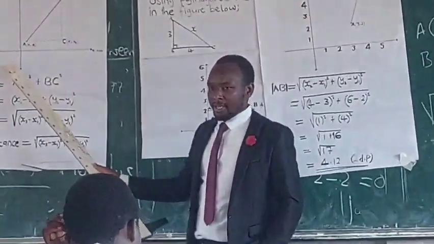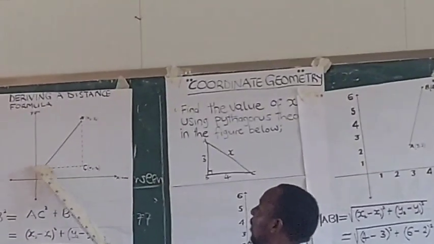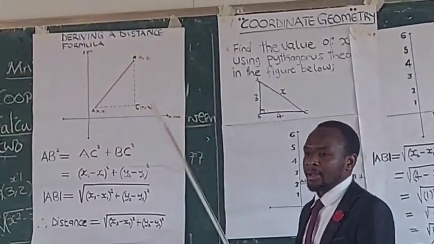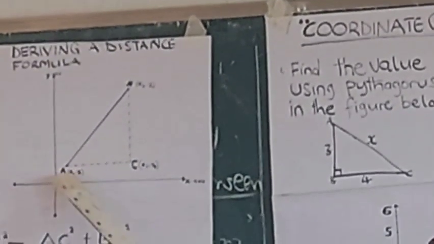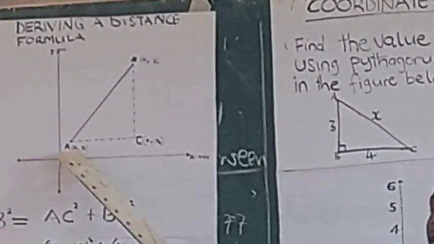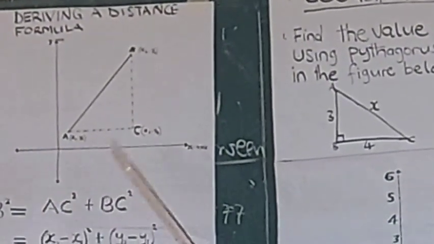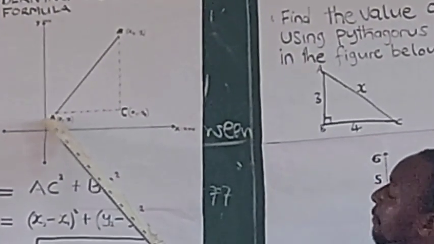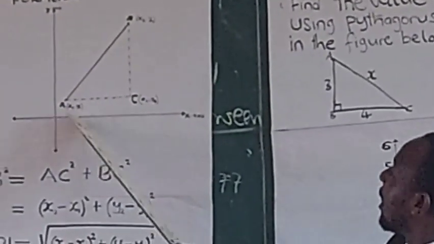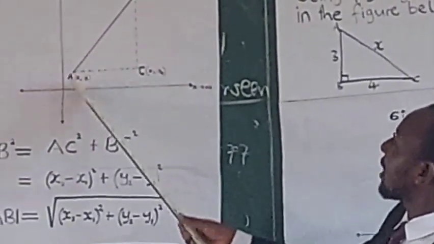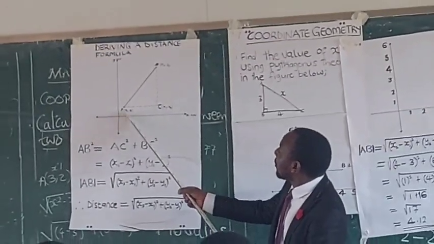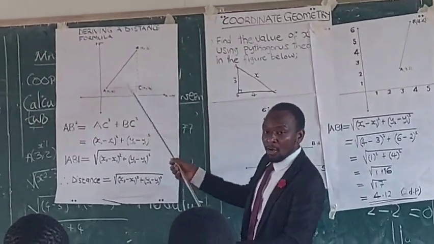There are no values there, but the line AB still appears. So what does that mean? It means for the coordinates at A, one coordinate comes from the x-axis and the other from the y-axis. Therefore, we have the coordinates of A as x, y.